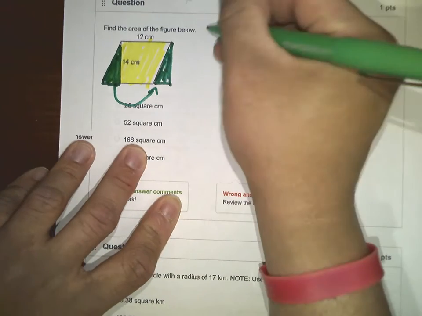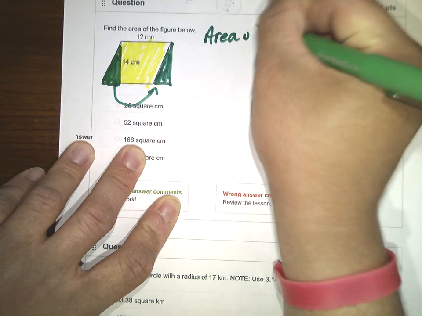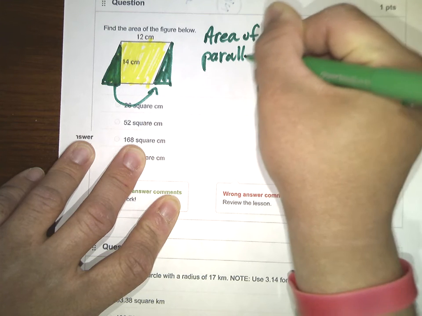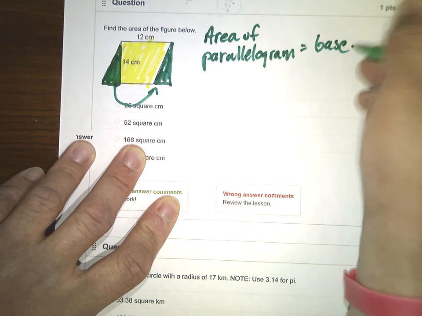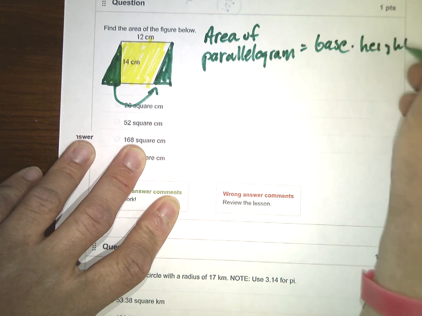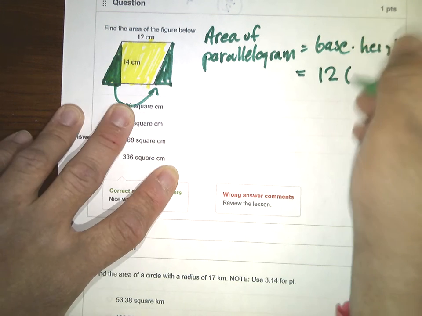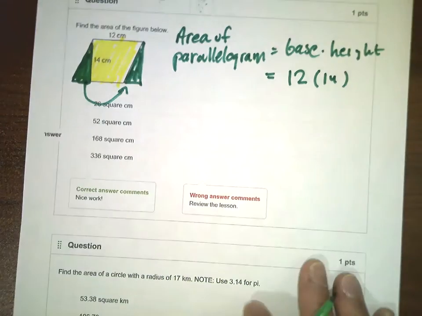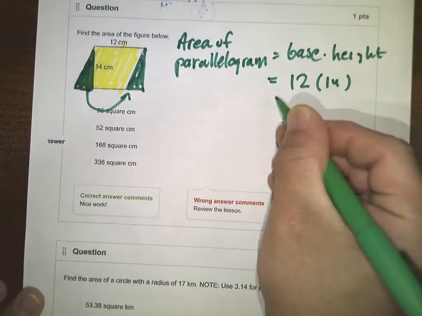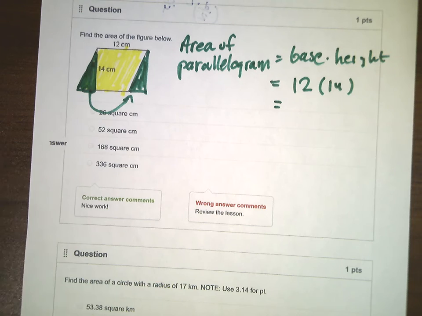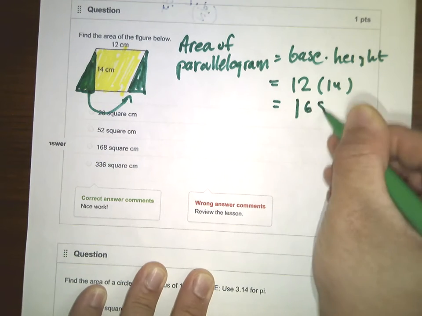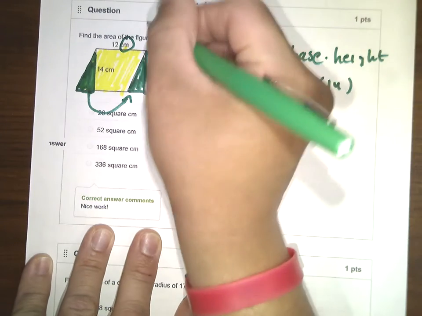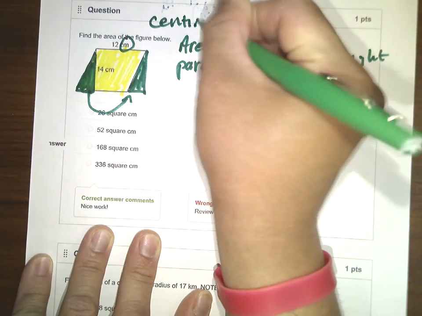So the area of a parallelogram here is just going to be base times height. So that will be 12 times 14, or 14 times 12. And if I do that, 12 times 14, that's 168. And the original units were in cm, which is centimeters.